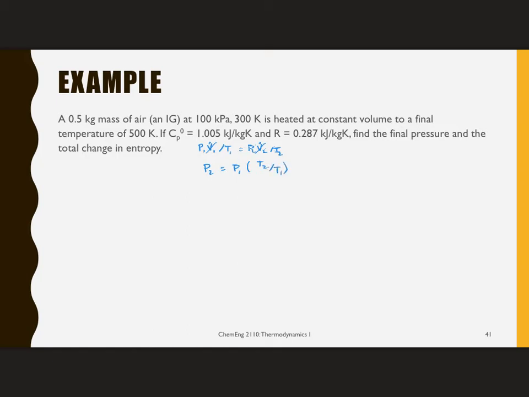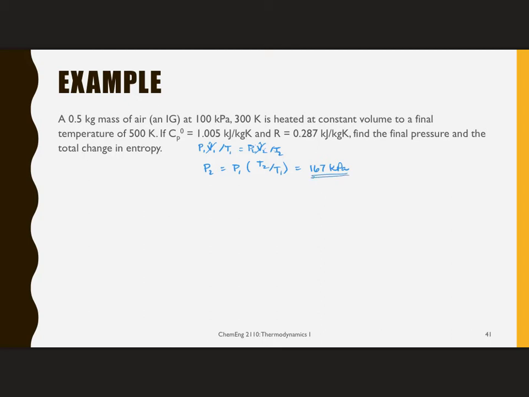Therefore, P2 is going to equal 167 kilopascals when you plug those numbers in. Remember, you must work with temperature in Kelvin. All right, so there's our final pressure. All I needed for that was the ideal gas law.